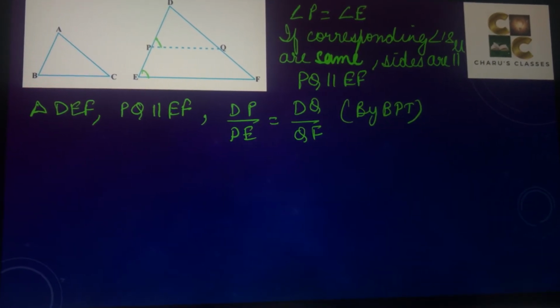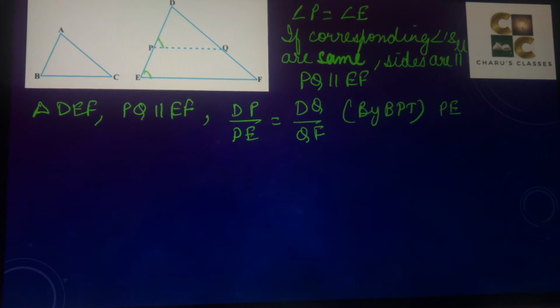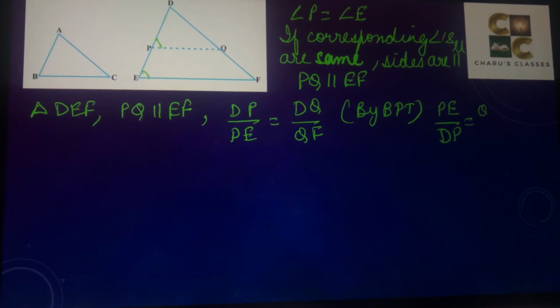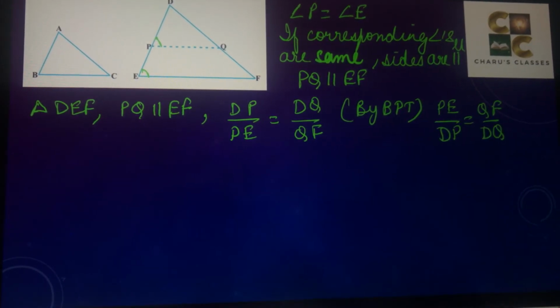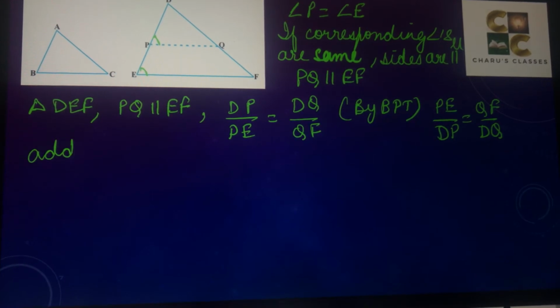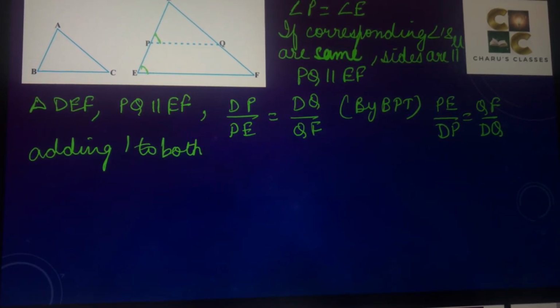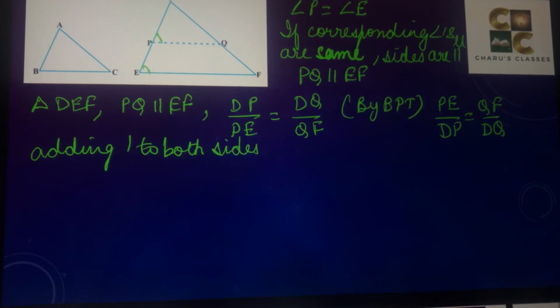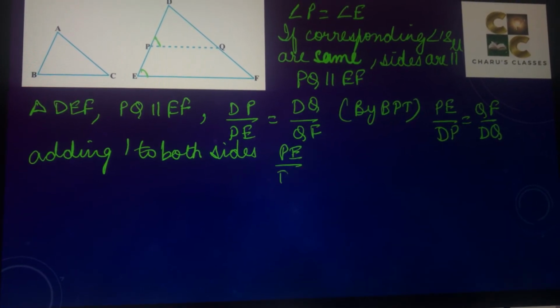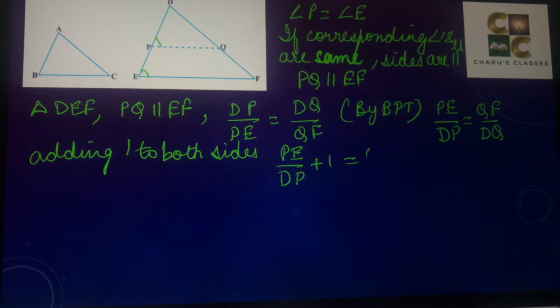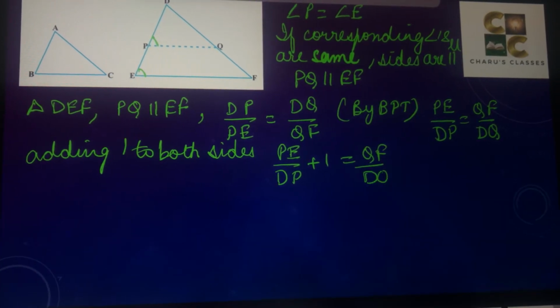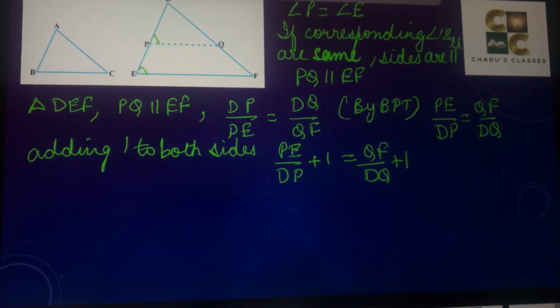We can flip it over, or we can say PE by DP is equal to QF by DQ. Adding 1 to both sides, we will have PE by DP plus 1 is equal to QF by DQ plus 1.